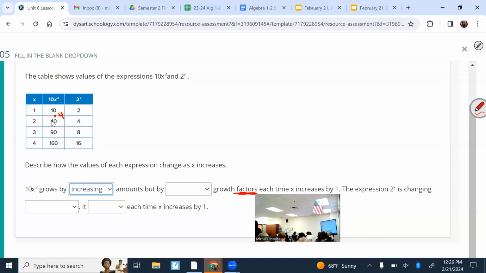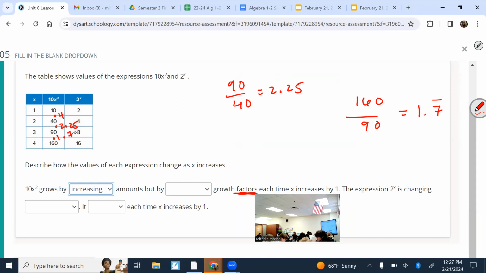Then to find what I need to multiply 40 by to get 90, I'm gonna do the reverse, and I already did this earlier, so that's why I remember the answer. I get 2.25 is what I need to multiply by. When I do 160 divided by 90, I get like 1.7 repeating.